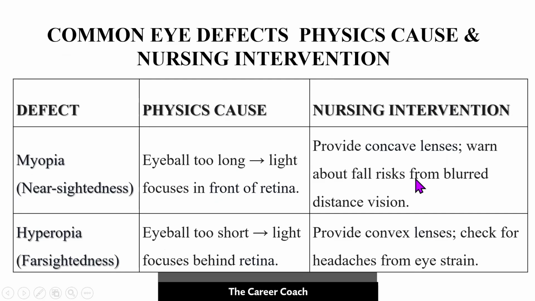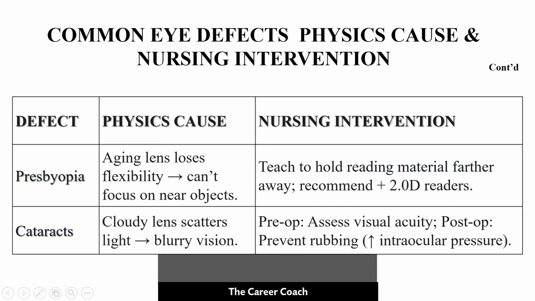Warn about fall risk from blurred distance vision. Next defect is hyperopia, which is far-sightedness. The eyeball is too short, leading to light focusing behind the retina. Nursing intervention: provide convex lenses. Check for headache from eye strain.